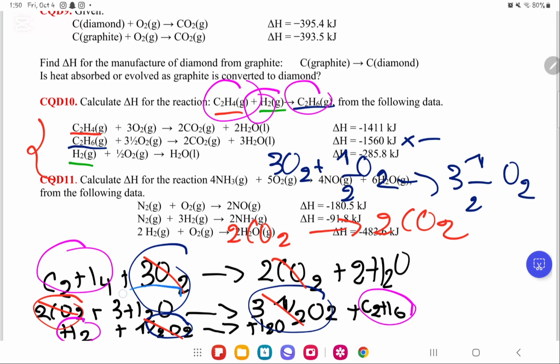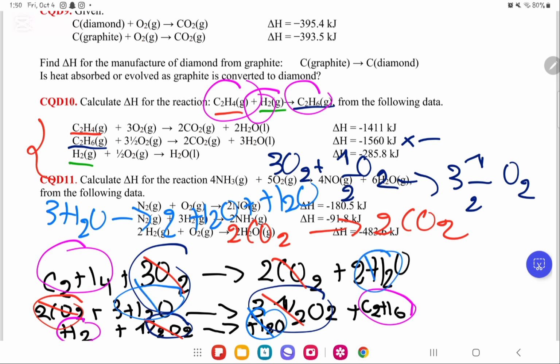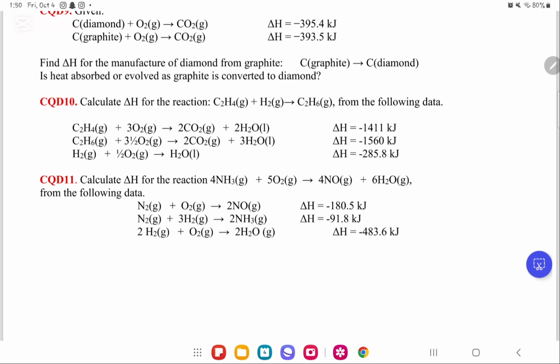Now finally, we have 3H2O gives us 2H2O plus H2O. So again, it's the same coefficient in the reactants and the product, so we can cancel them out. So the only thing we changed in this reaction was the negative here.